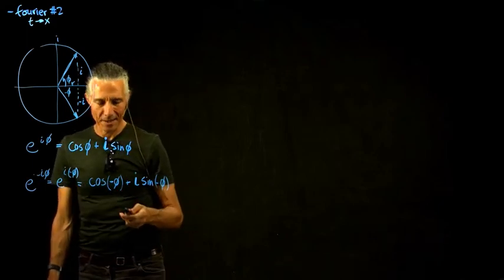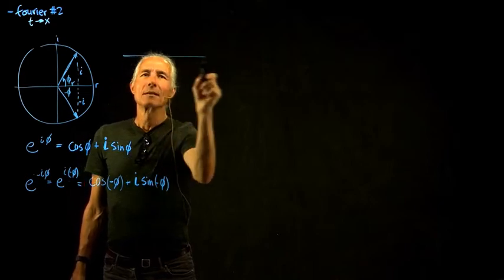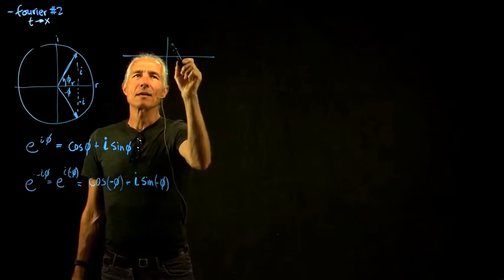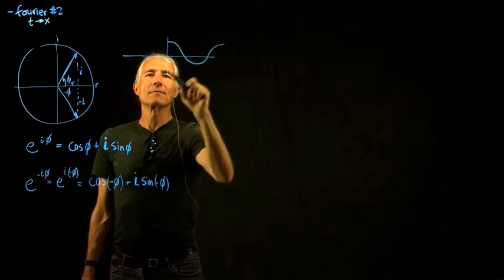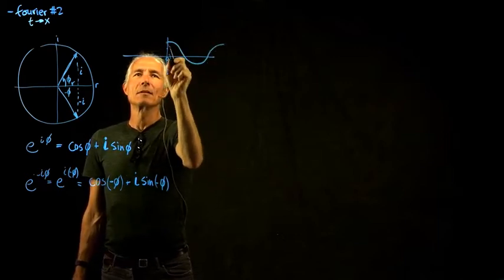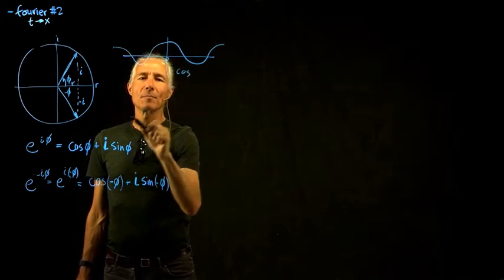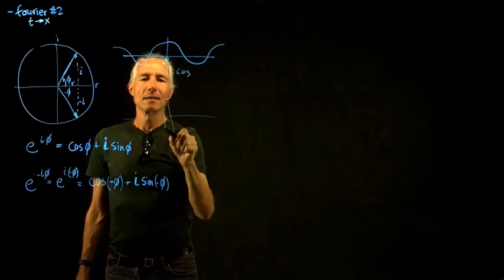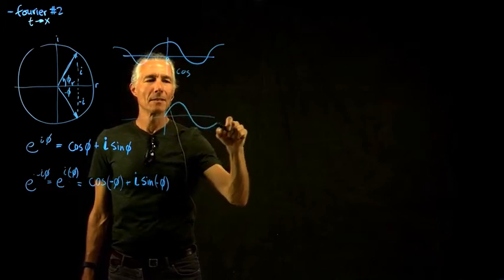And why is that? Well, if you plot out cosine, cosine goes like this if this is 0. So that's cos. And if you plot out sine, sine goes like this.